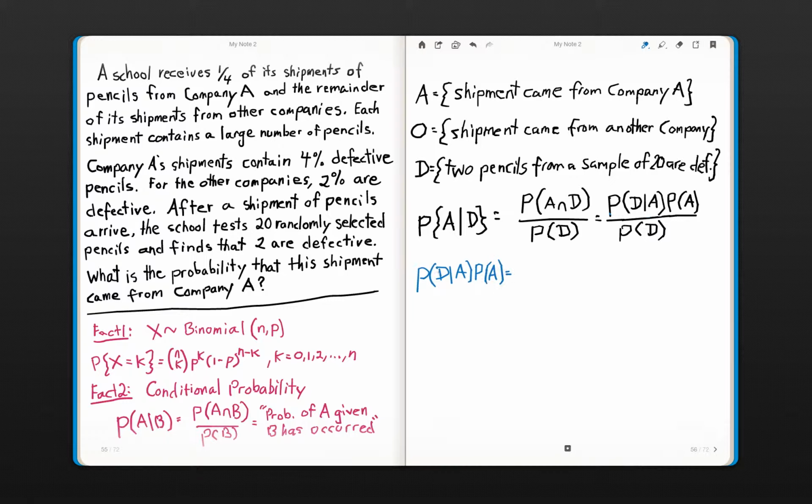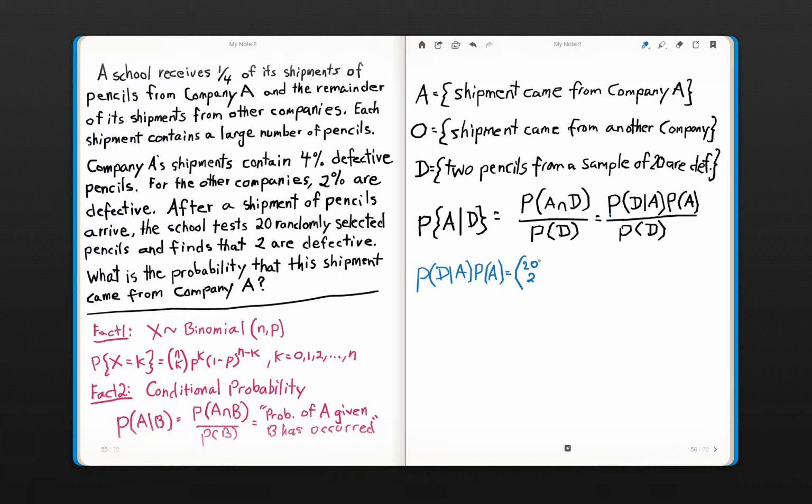So first we need to compute probability D given A. So if the shipment is from company A, then we'd like to compute the probability of observing 2 pencils that are defective from a sample of 20. And this is where the binomial random variable comes into play. So this would be 20 choose 2, out of a shipment of 20.